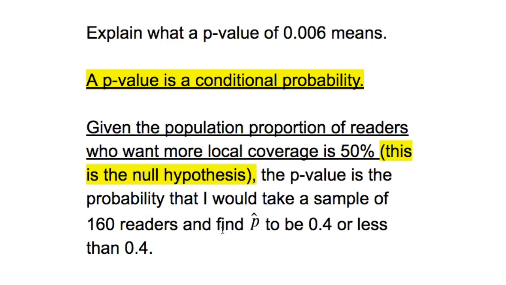And so that's what a p-value means. A p-value is a conditional probability: given the null hypothesis is true, how likely is it to see a sample with a p-hat value like I found in the sample, or one even more extreme than that?